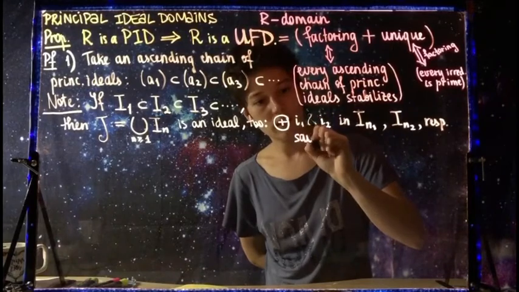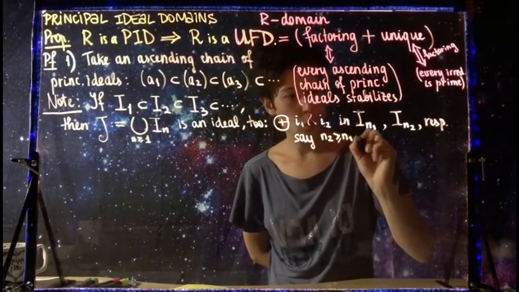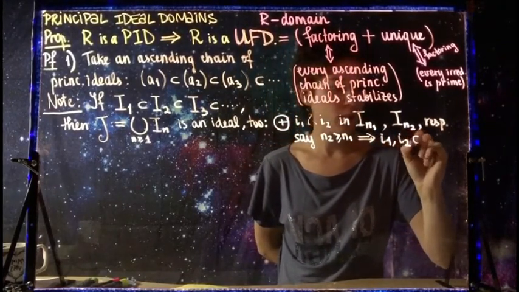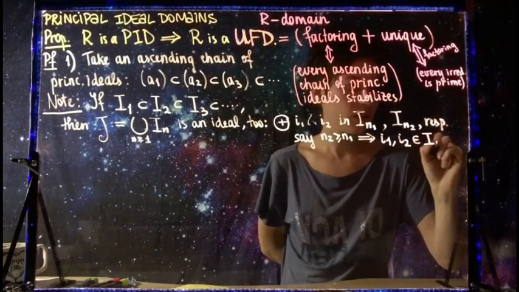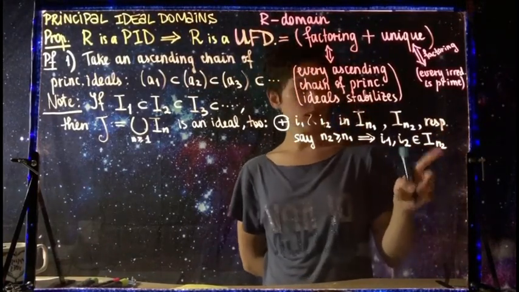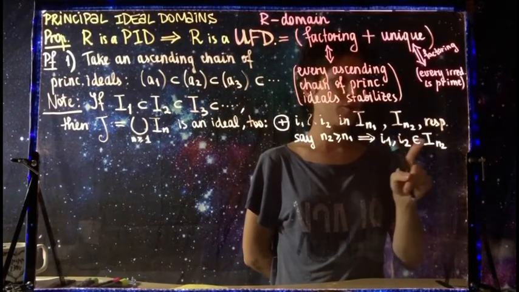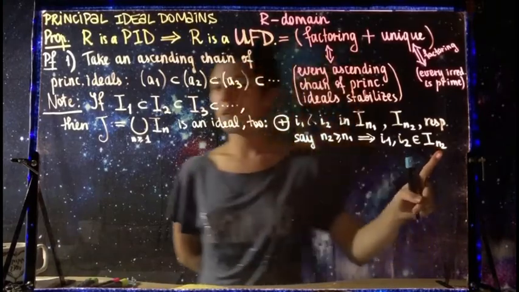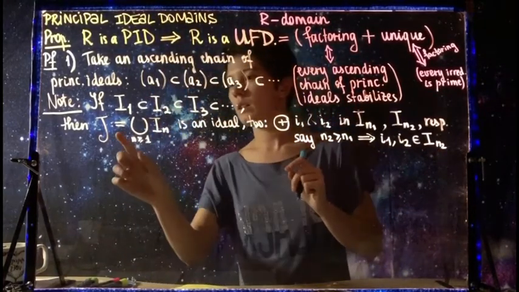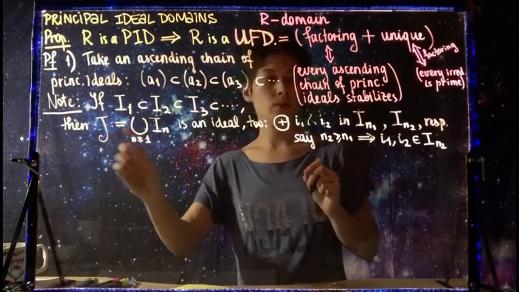So let's say that N2 is bigger than or equal to N1. Then both i1 and i2 are in this I_N2. And since I_N2 is an ideal, the sum of these elements also belongs to I_N2, and therefore it belongs to the union. And so J is closed under addition of elements.